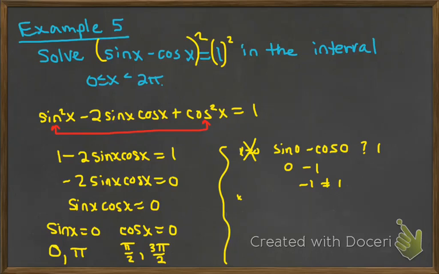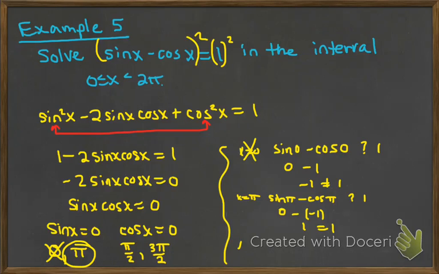Now I plug in pi. So the sine of pi minus the cosine of pi, and I want to know if that equals 1. Sine of pi is 0, minus the cosine of pi is negative 1, so 0 minus a negative 1 is 1, so 1 does equal 1, so pi is an answer.